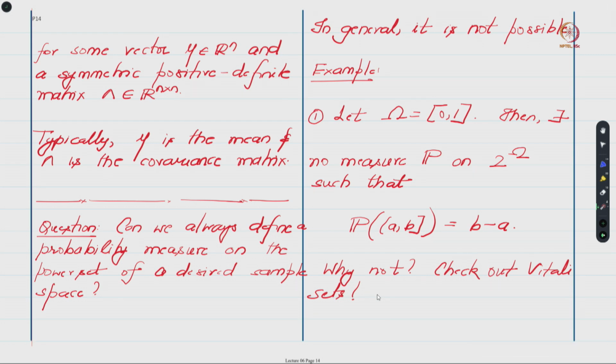Now let me give a quick summary of what we have studied in this lecture. In this lecture we went over the basics of probability. I rushed through it because this is a course focused on stochastic approximation, but to discuss stochastic approximation we need the concept of martingale differences.